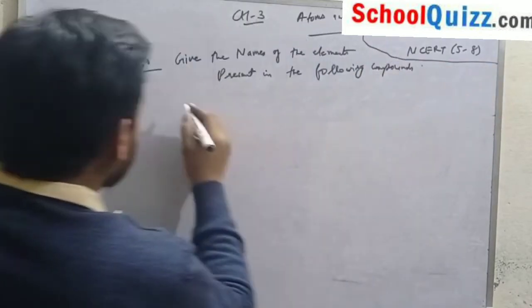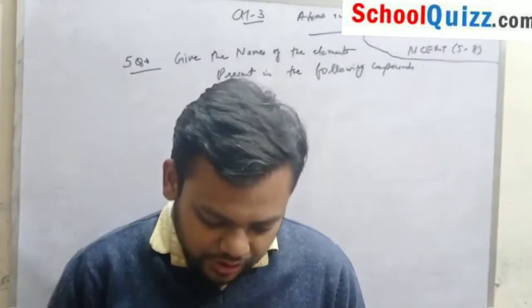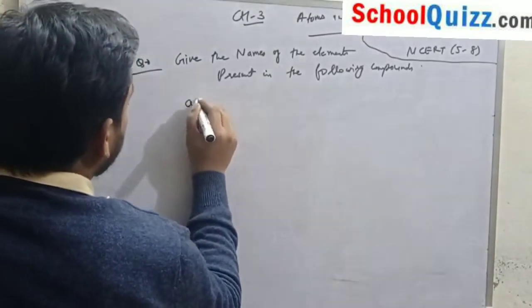So we have to write the elements. First one is quicklime.